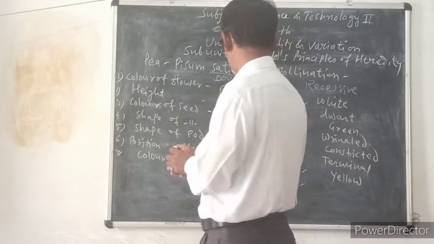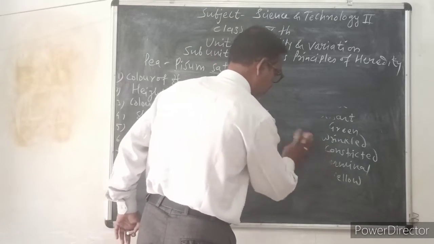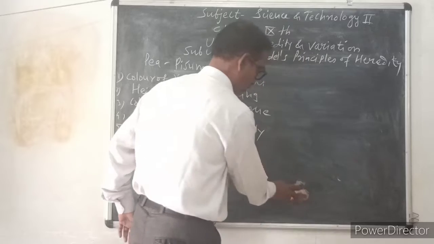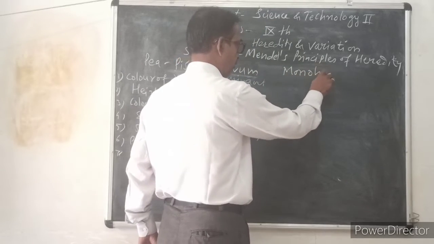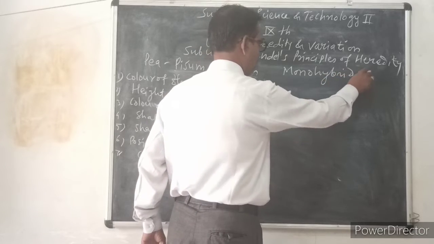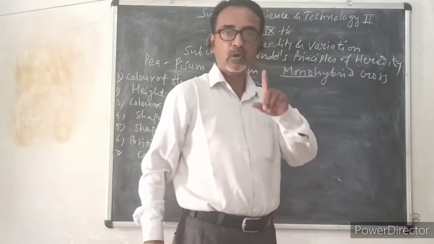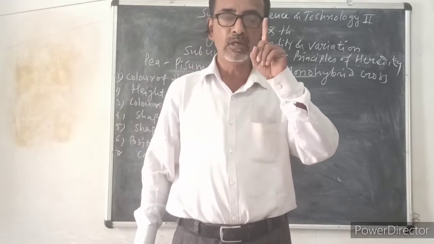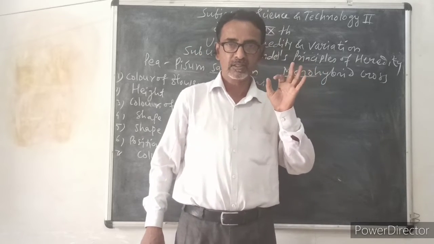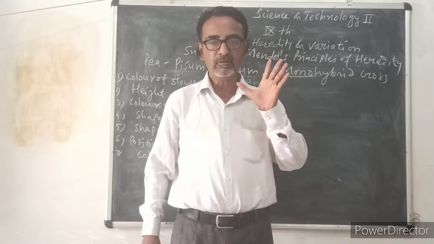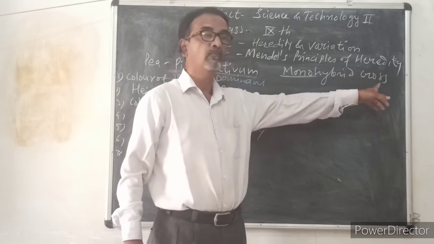One of the crosses is called the monohybrid cross. Mono means single. The cross that involves only one pair of contrasting characters is called a monohybrid cross.